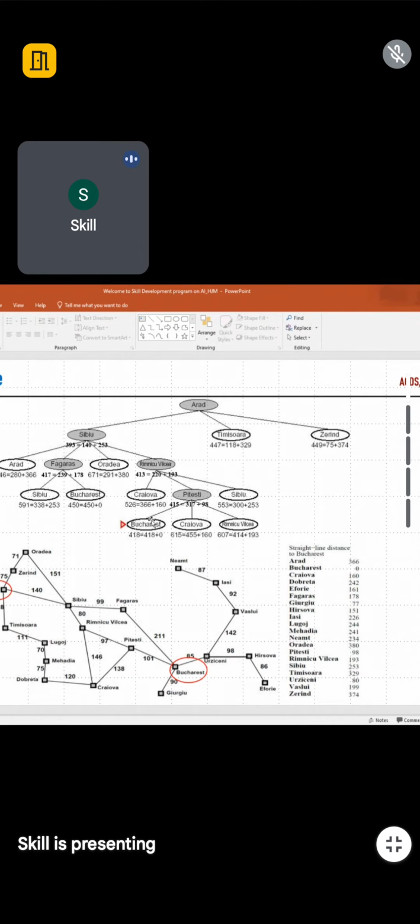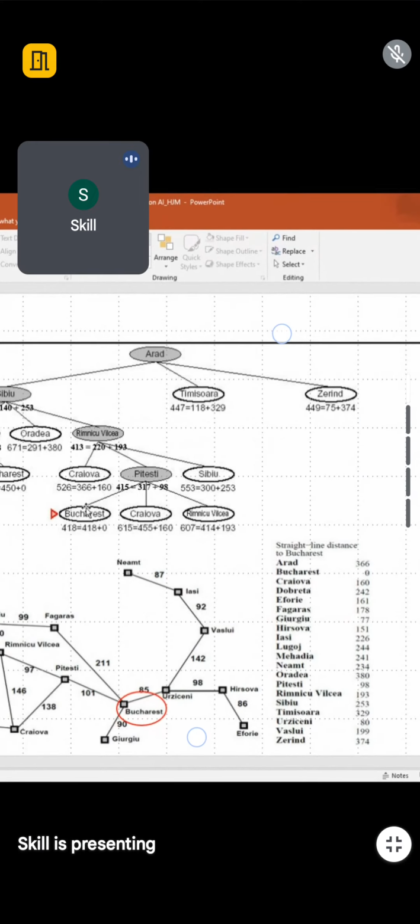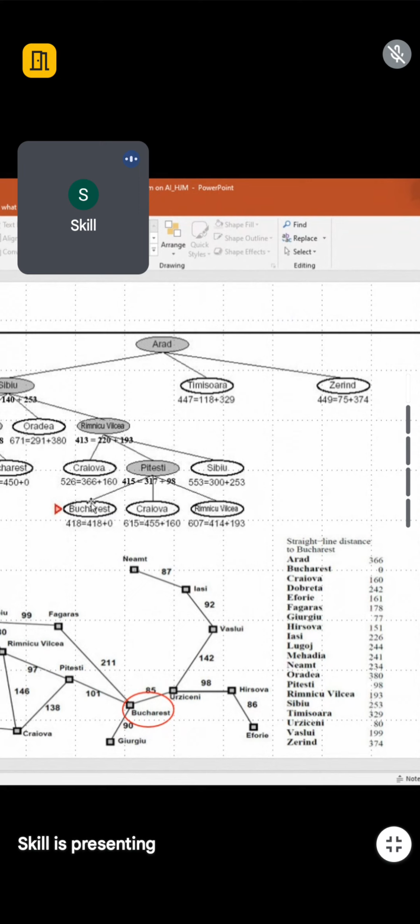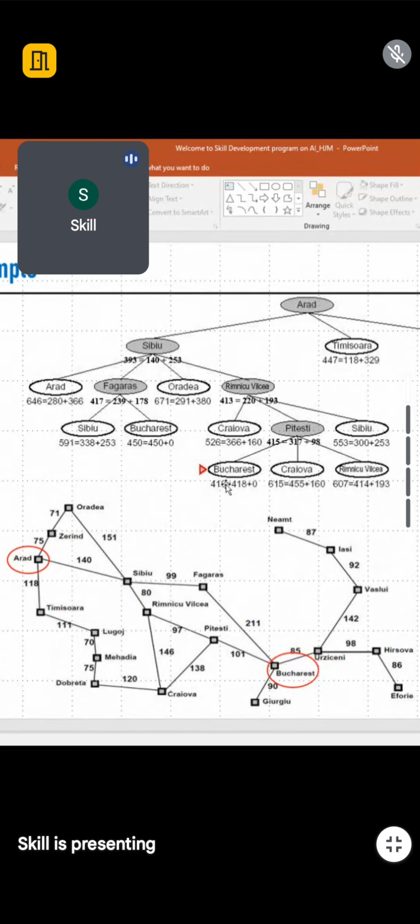Now we have reached the place Bucharest, which we have to find out. We are getting the value 418, but in our memory, a lower value is there, which we have not visited, which is 417 for Fagaras. So this fringe is having lesser value than this.